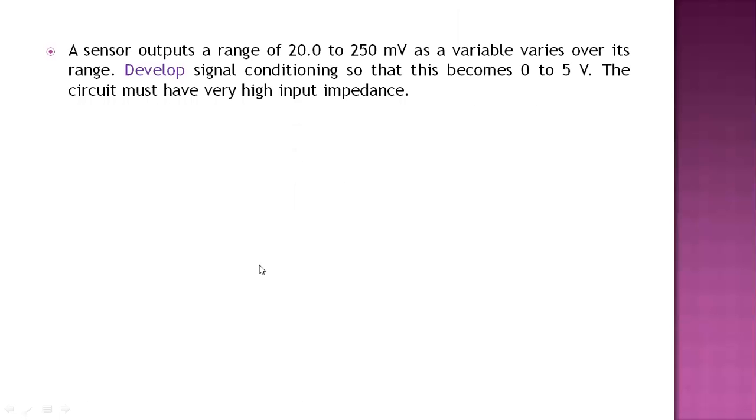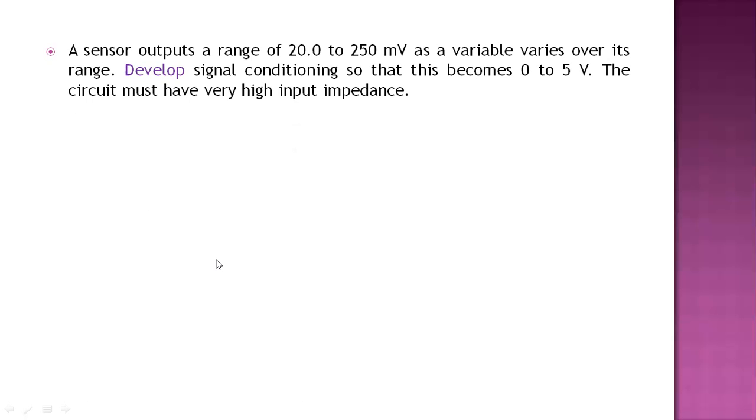Now let's design a signal conditioning circuit so that the output becomes 0 to 5 volt. A sensor output ranges from 20 to 250 millivolts as a variable varies over its range. Develop a signal conditioning circuit so that this becomes 0 to 5 volt, and the circuit must have very high input impedance.